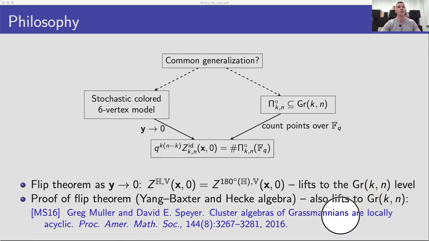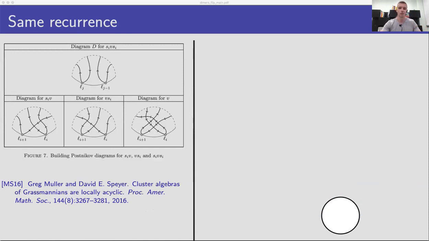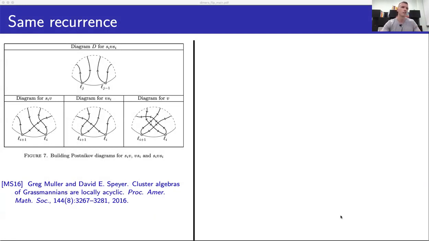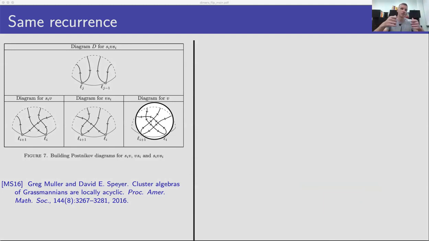So let me put two pictures on the same slide. On the left is the picture from this paper by Greg and David. And these are Postnikov's diagrams. There are plabic graphs, which are in the background, for which there is a dimer model attached to them. So I think I said all the words from the conference title at this point. And then they have some recurrence for V in terms of V_i and s_i V_i.